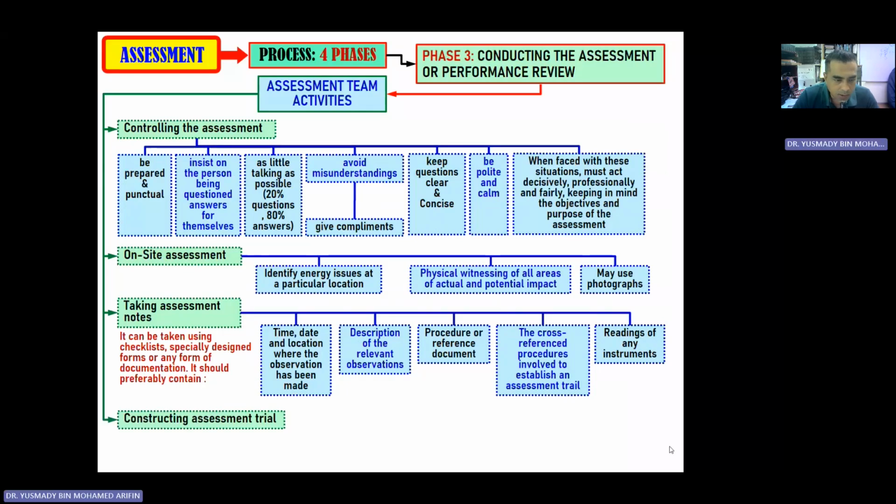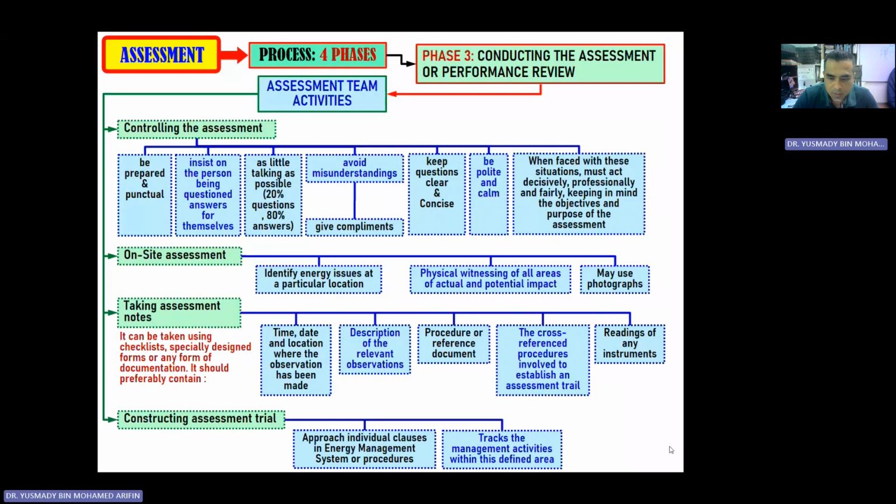And also under the assessment team activities is constructing the assessment trail by approaching individual clauses in the energy management system or procedures, tracking the management activities within this defined area, and walking the site to see image, document, or record.